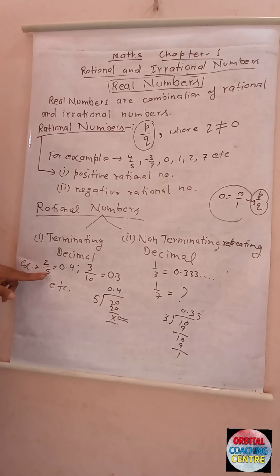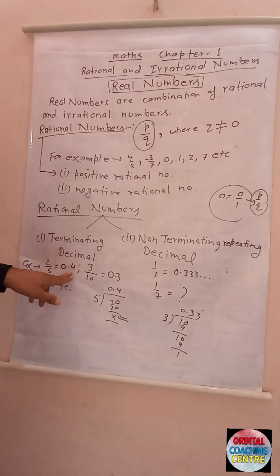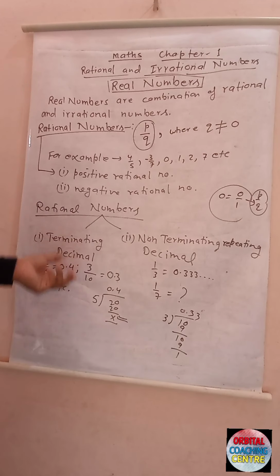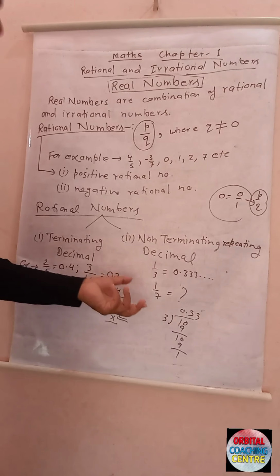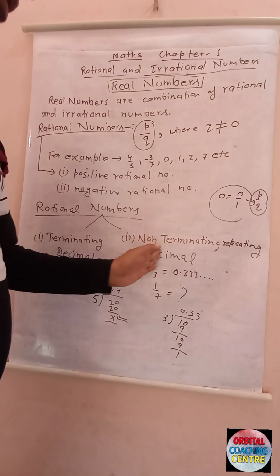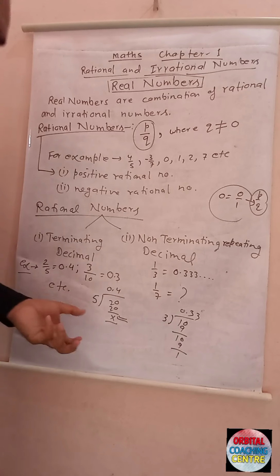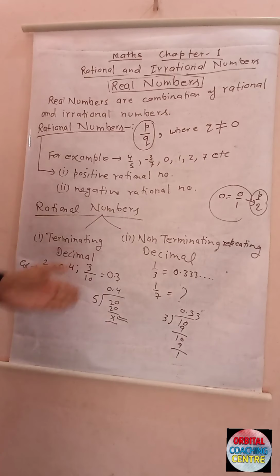If you divide 2 by 5, 5 4s are 20, 0.4, it will terminate, it will end. So if it ends, then it is called terminating. If it does not end, then that is called a non-terminating repeating decimal. So there are two types of rational numbers. So you have to revise all these things, and thank you.